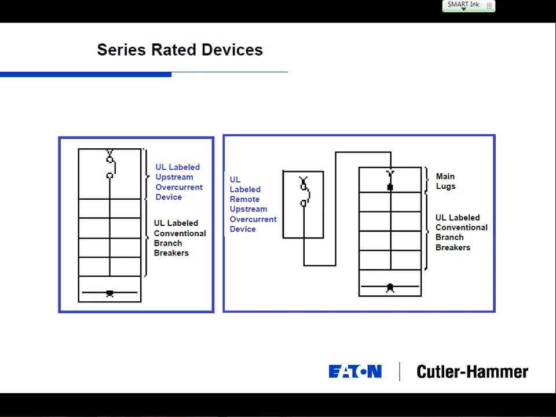Which one do you figure is going to be more expensive? Main lugs or main breaker? Flip a coin. Main breaker. It's more stuff, it's going to be more expensive. So from a cost-effective design standpoint, or another way to save money, each time you can make a panel board main lug only, you save a little bit of money.